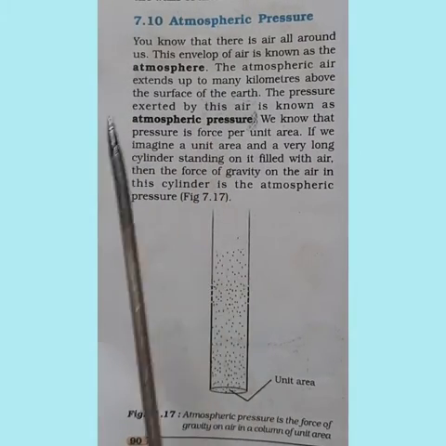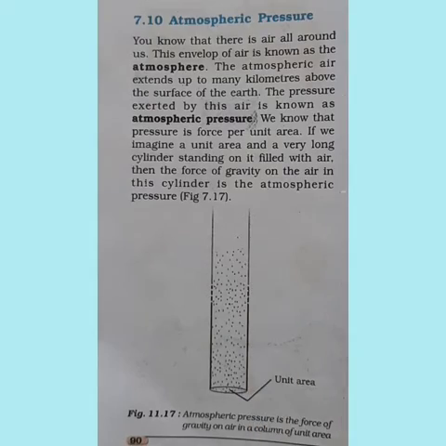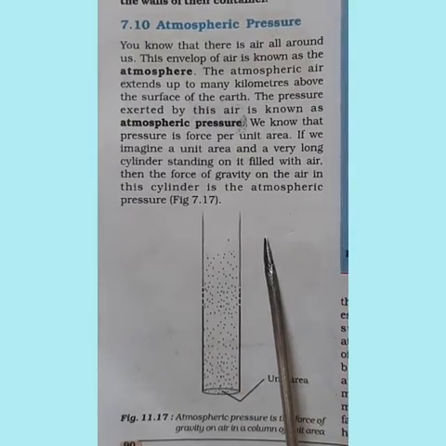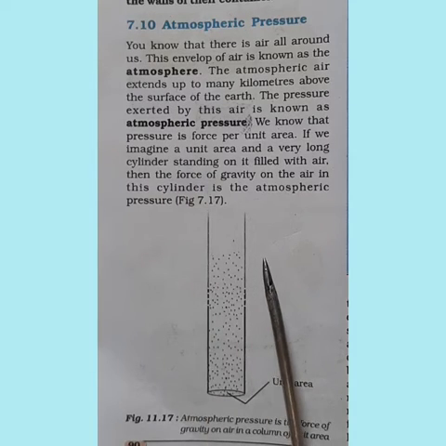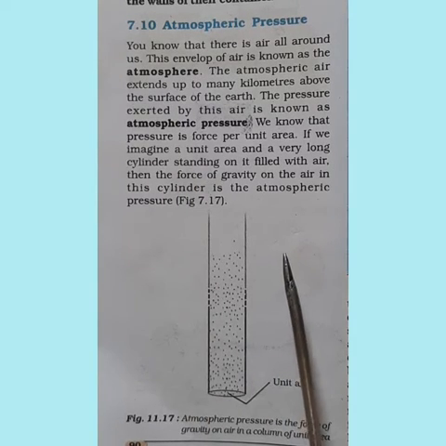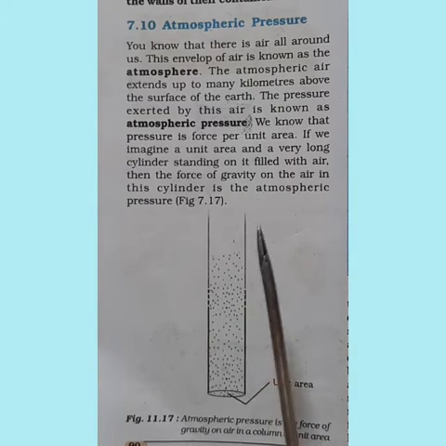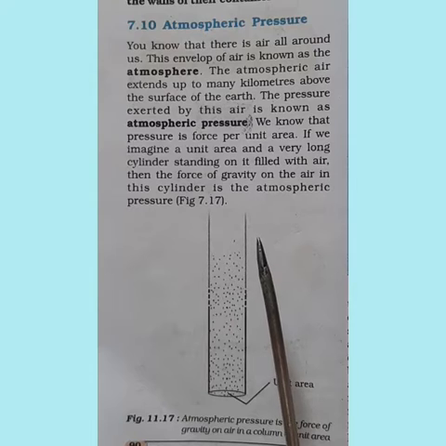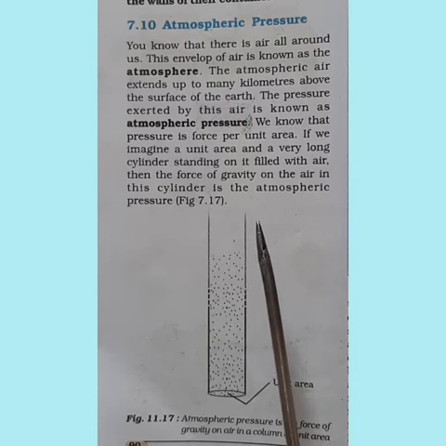Atmospheric pressure. We all know that air is around us, and the envelope of air is known as the atmosphere. The atmospheric air extends up to a few kilometers above the surface of the earth, and our atmosphere has a mixture of gases in it. We have more of nitrogen in the atmosphere, and oxygen is also there.